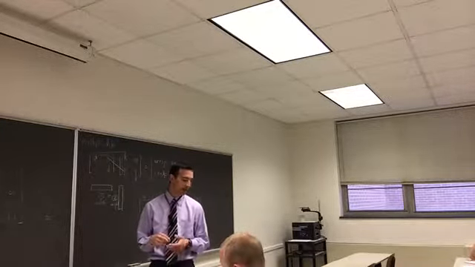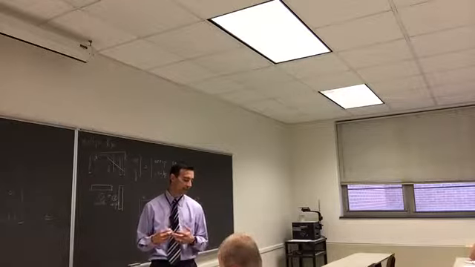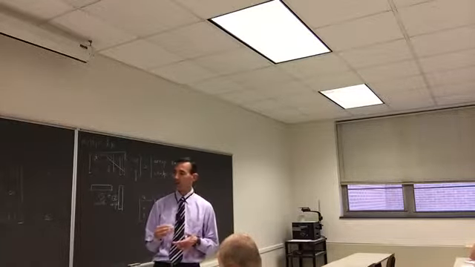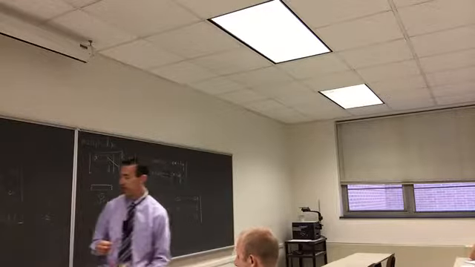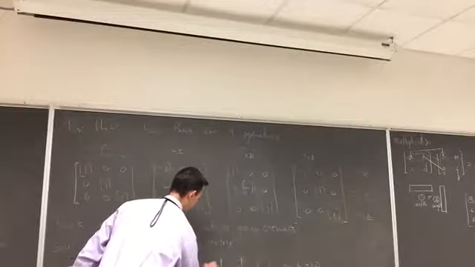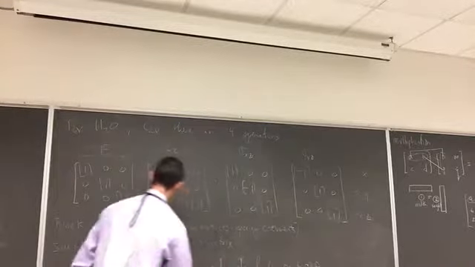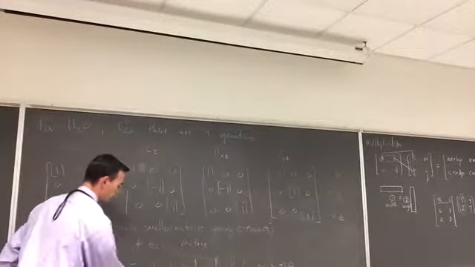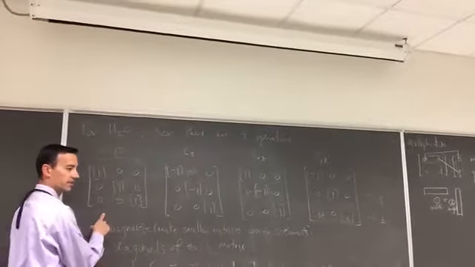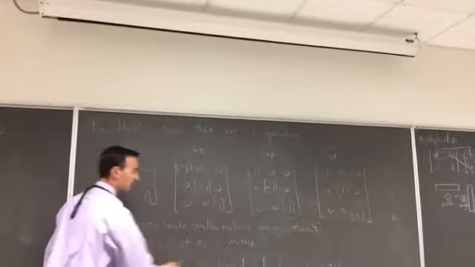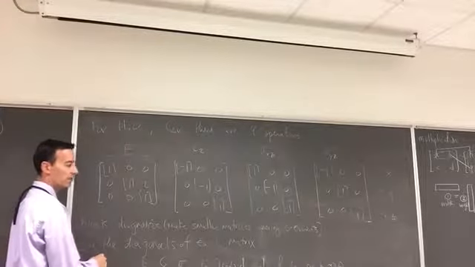All right? And this is the set of characters. Each of these is respectively the character of its matrix. Okay? This is the set of characters of the C2v point group.